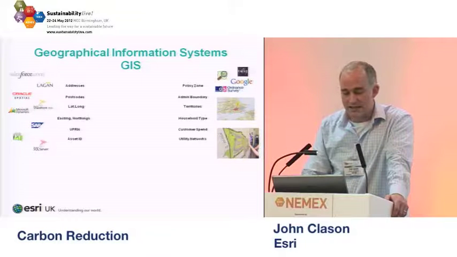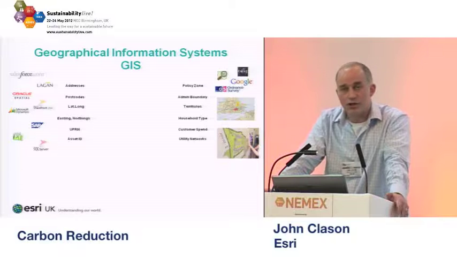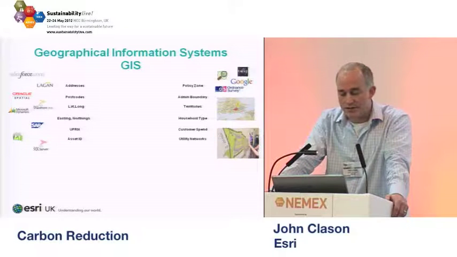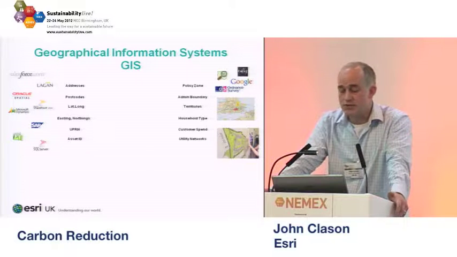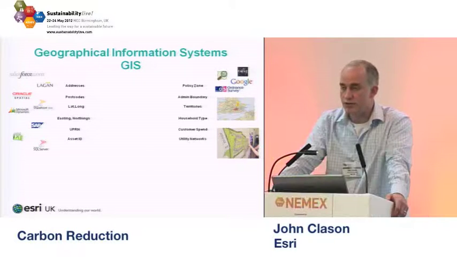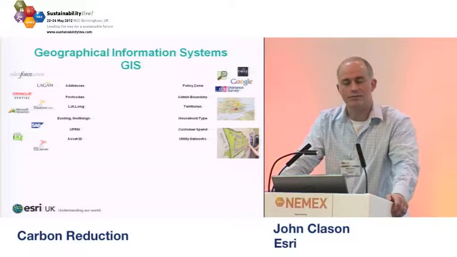And what a GIS is, in its generic sense, is the ability to take that information, which is geographical inherently in terms of addresses or postcodes or unique property reference numbers or asset IDs, policy zones that you might have or catchment areas. They're all geographical in nature, and you take that for granted. You don't really think about it, I'm sure.